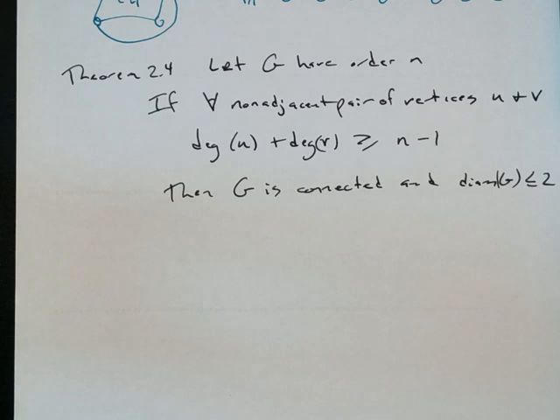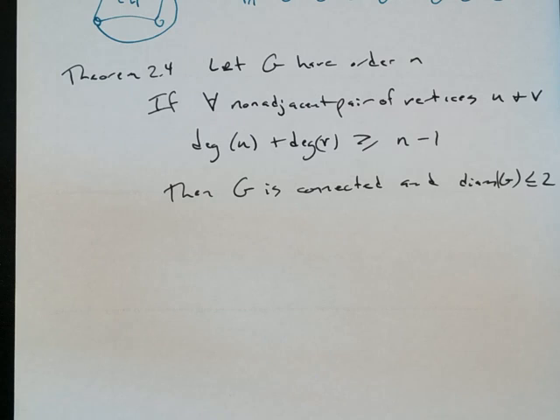I'm not going to write this one down. It's a fairly short proof. Take 2 vertices, x and y. If the edge between them is in this graph, you're done. They're connected, right? So let's suppose that edge isn't in it. Then x and y are not adjacent, right? That means if you take all of the vertices that are adjacent to x and all the vertices that are adjacent to y, you have n minus 1 vertices.